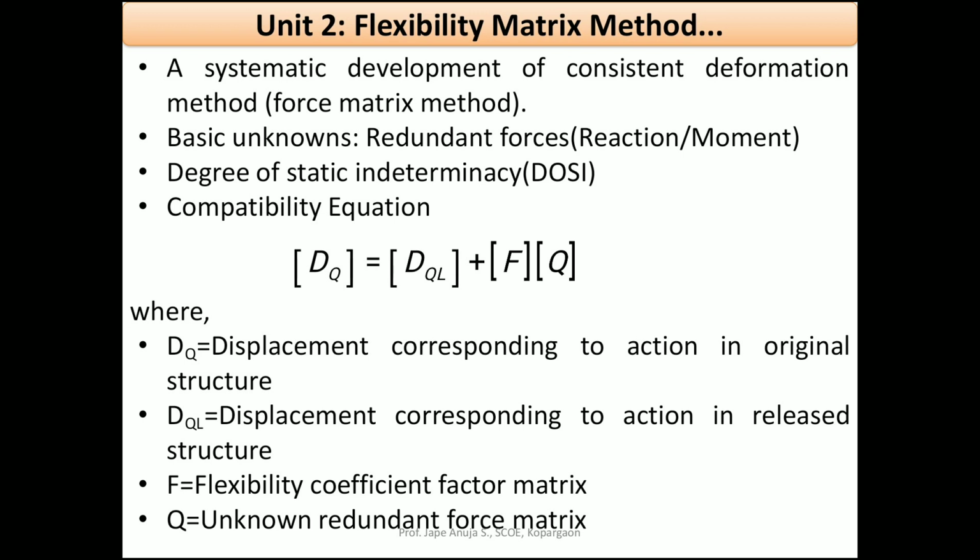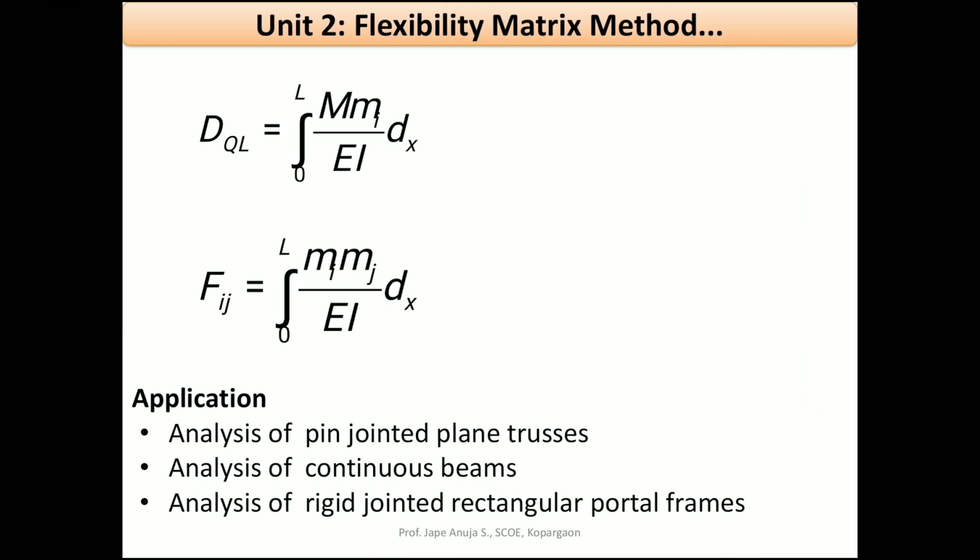This DQL matrix and F matrix can be calculated from these forms of integration. DQL is given as integration from 0 to L of capital M into Mi divided by EI into dx, and the flexibility coefficient is given by Fij equal to integration from 0 to L of Mi into Mj divided by EI into dx.